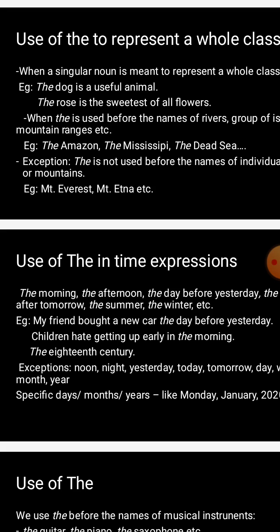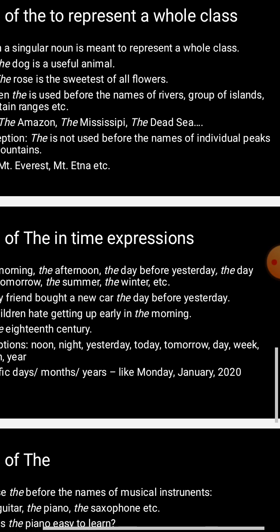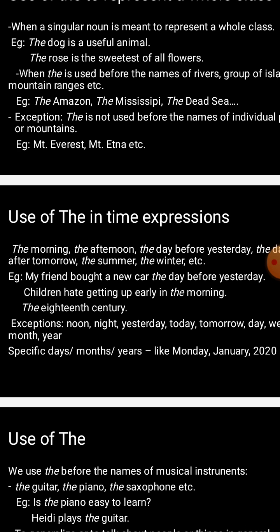It is a mountain range, and that is why you say the Himalayas. But when you refer to single peaks, then you say Mount Everest. You don't say the Mount Everest, but the Himalayas, but Mount Everest. This is an exception: it is not used before the names of individual peaks or mountains, only mountain ranges.